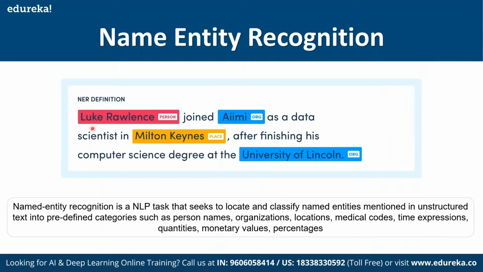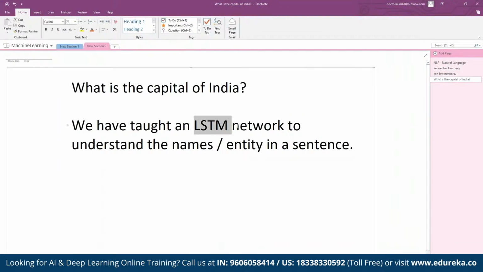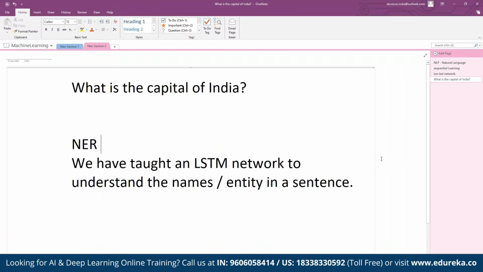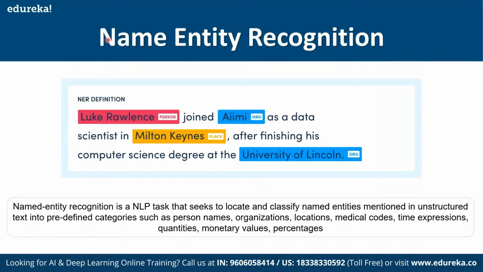This technique of teaching a network to understand or recognize the names or entities in a sentence is known as NER, named entity recognition. Okay, so this is exactly what this is saying, NER, named entity recognition.